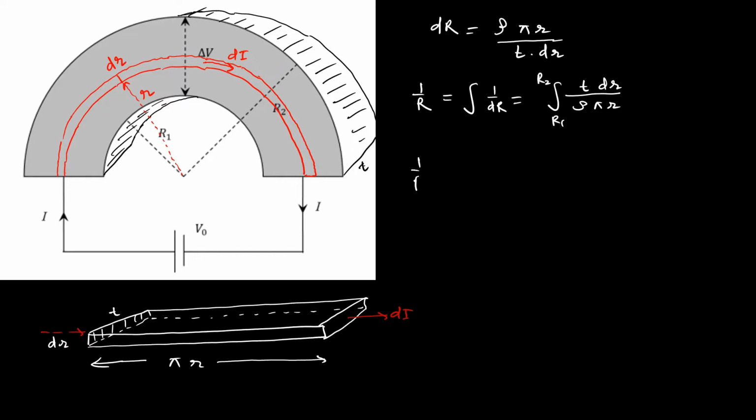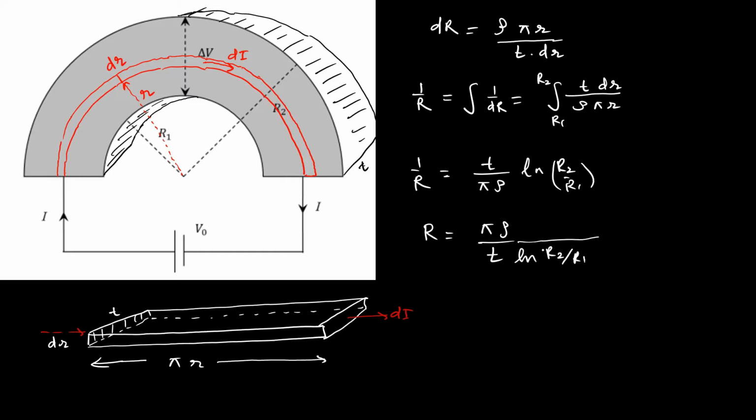And if we integrate it, we are going to get T by pi rho outside, dr by r will become ln r, and putting the limits, we will get ln R2 by R1. So the resistance of this semicircular metallic strip will become pi rho by T divided by ln R2 by R1.